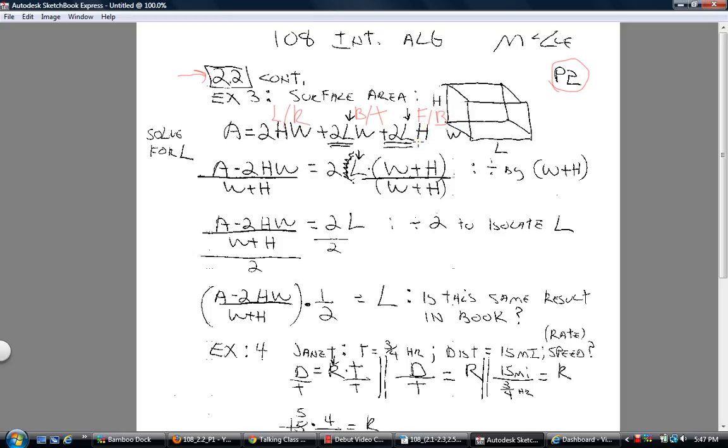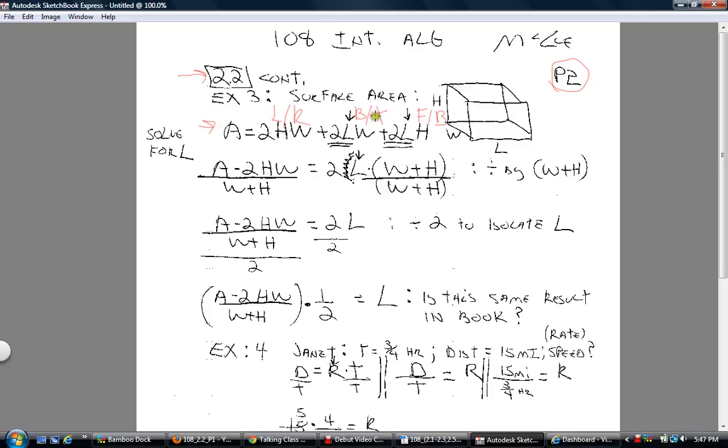Notice if you're going to calculate the area, it's one side times the other side, and then you double it because there's two of them: left side, right side, bottom, top, front and back. And so that's how they came up with the formula. I want you to feel comfortable with that.